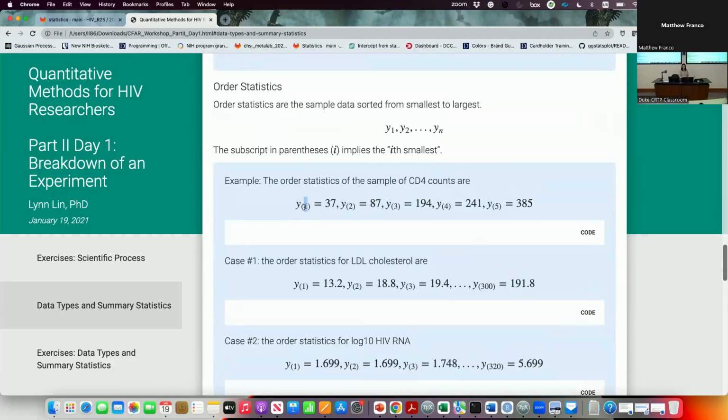So here, y(1) does not correspond to the first person you labeled in the sample. It just tells you the smallest value in the sample that you collected among these 5 people. And then y(5) just tells you the maximum. It doesn't tell you which person in your sample this maximum corresponds to.